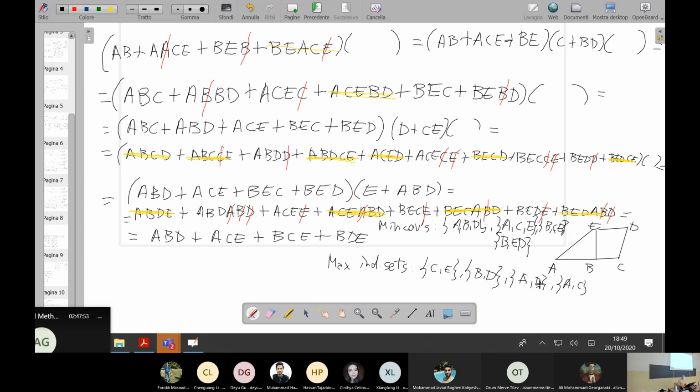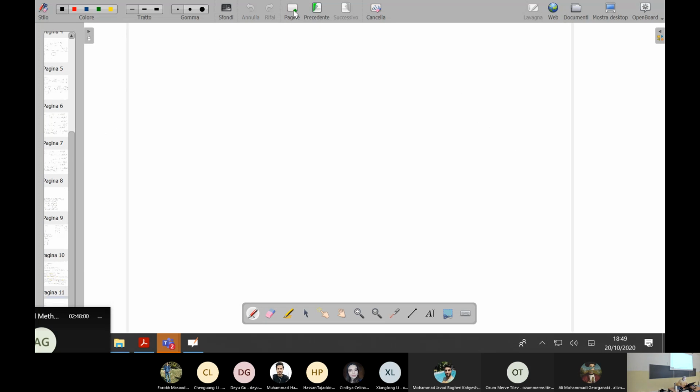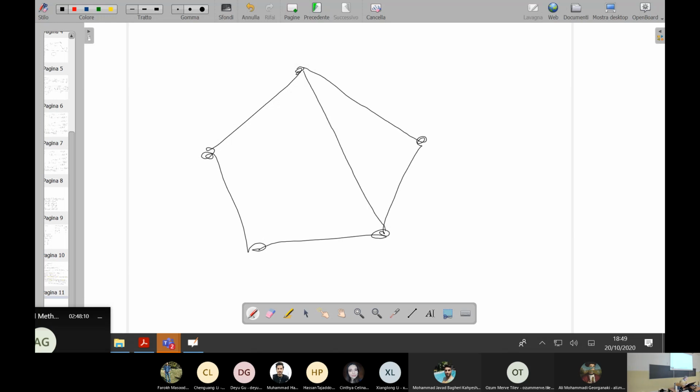The lecture is over, but I answer an interesting question. So, example. I'll do it in black now. And so I put this. This is a certain graph.